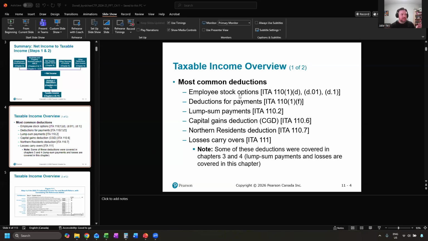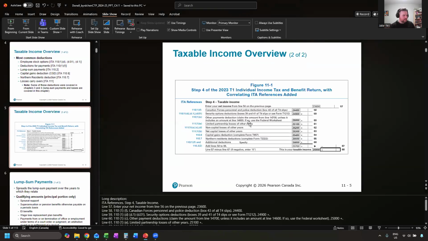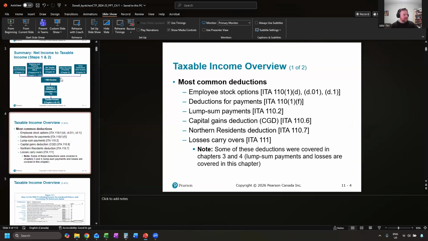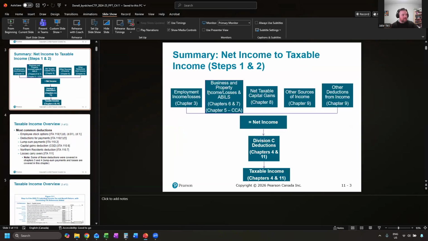These deductions, the stock options, capital gains deduction, our loss carryovers, these are for Division C. I just wanted to emphasize that difference because all of these steps get us through our Division B income, but Division C is the consideration of deductions that gets us from net income to taxable income.